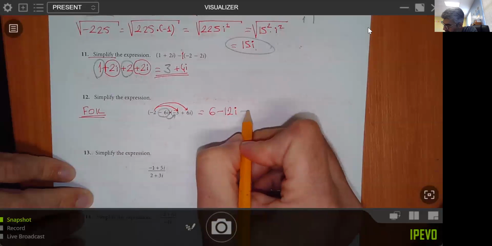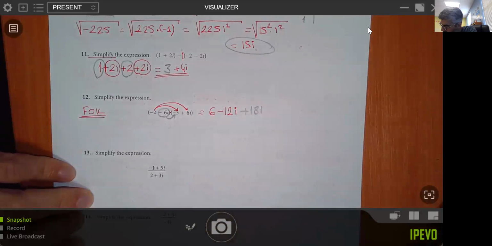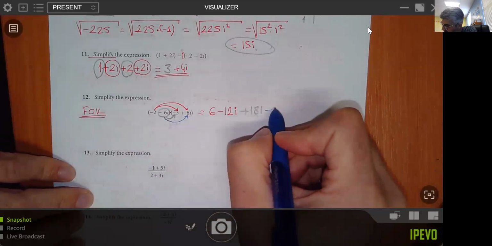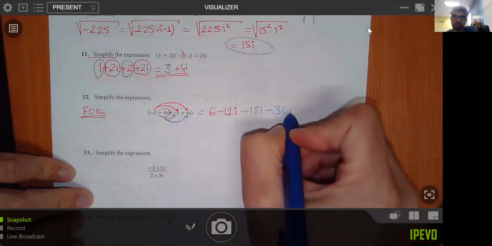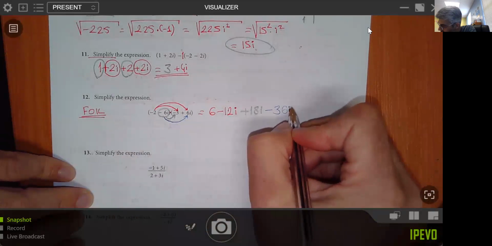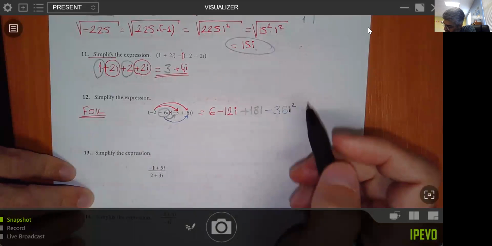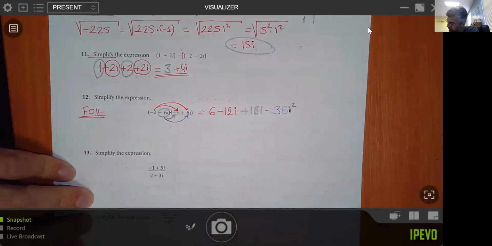Okay. And then I multiply -6i by -3. That is plus 18i. And I multiply -6 by 6i. That is minus 36i squared. So I multiplied, I have everything, but here, what do I know, guys?